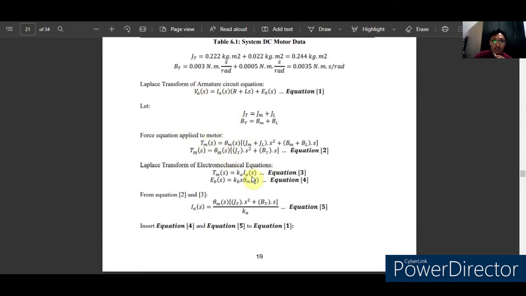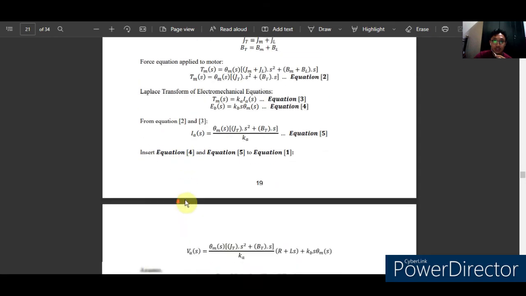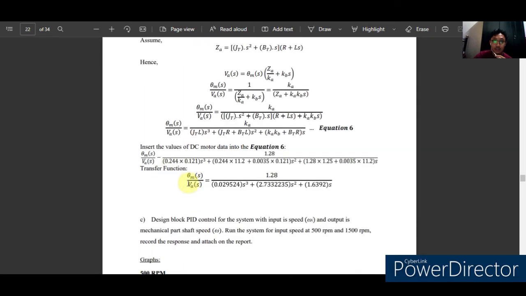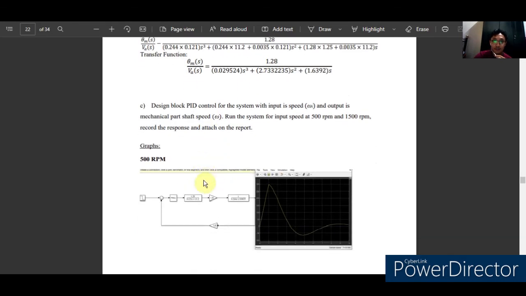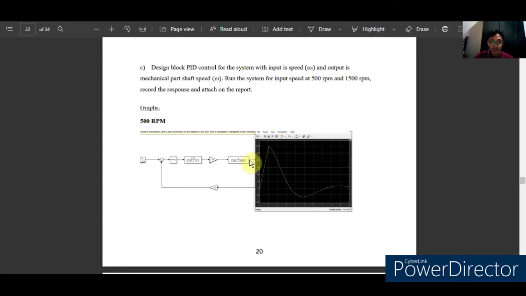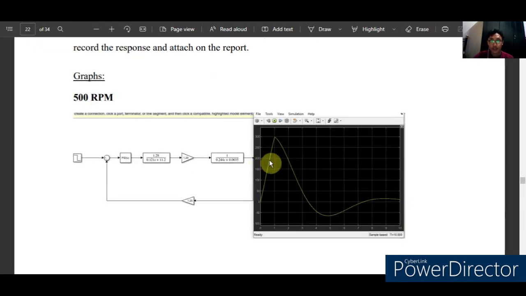Then we derive the equation until we get the transfer function formula, which is 1.28 over VA. Then we need to design a block of PID control that runs from different speeds, which are 500 RPM and 1500 RPM. And as you can see, this is the graph for the 500 RPM.